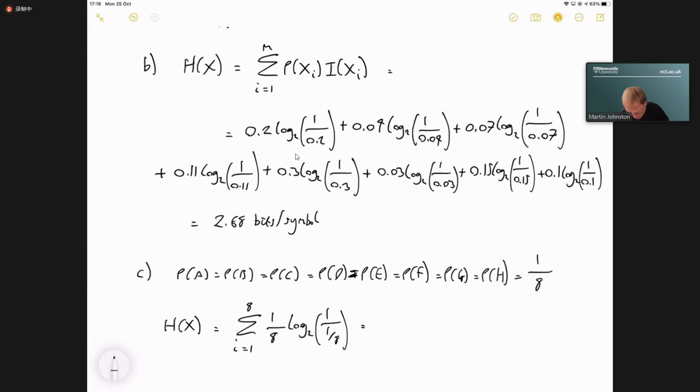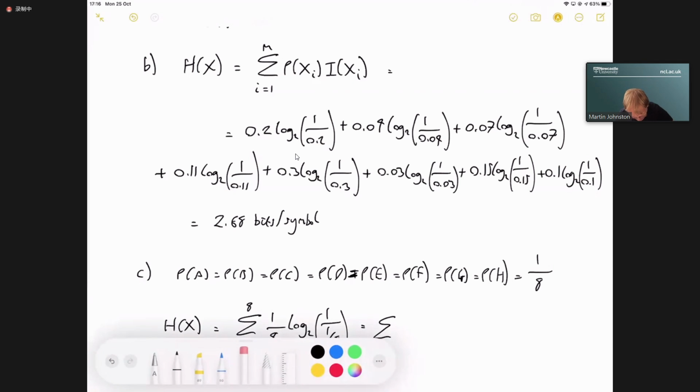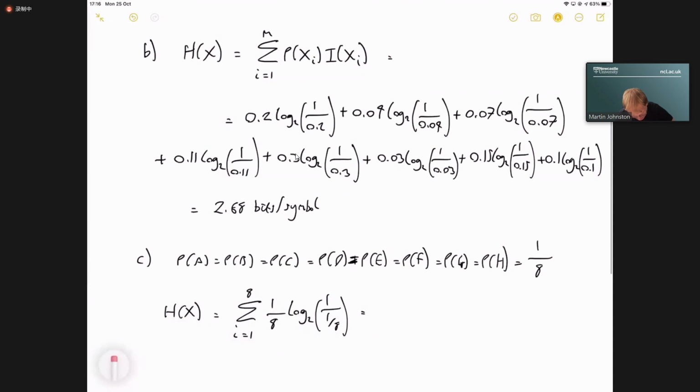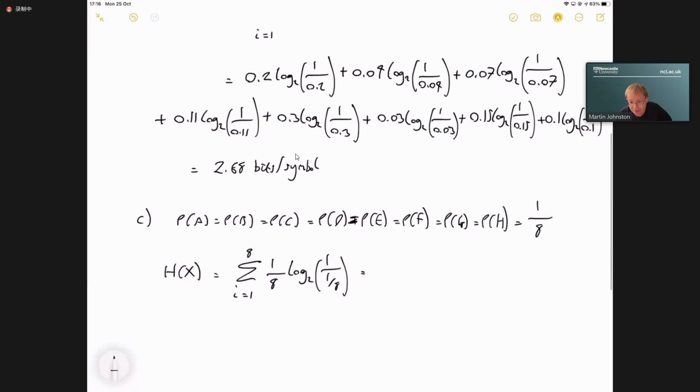If we add all those together, what we get is log to the base 2 of 8. We calculate that sum, which is 3 bits per symbol. It's a much easier calculation because they all have the same information content and the same probability of occurring.